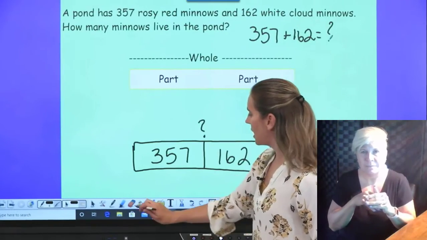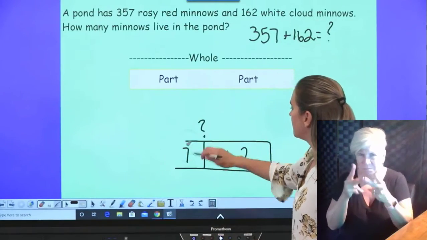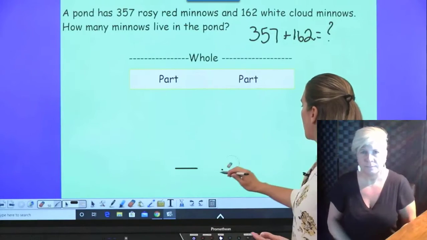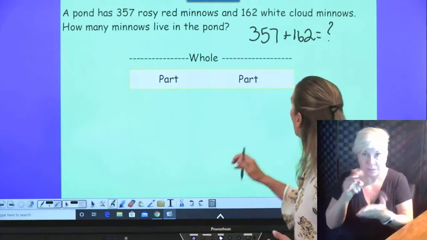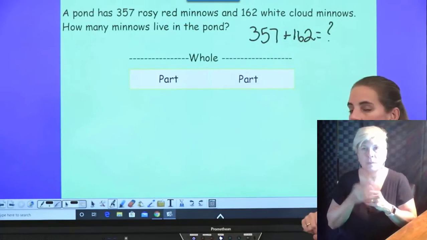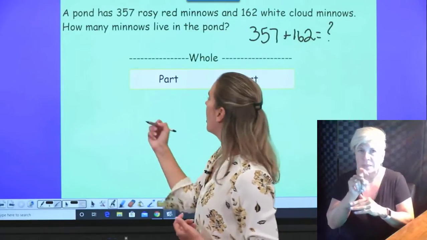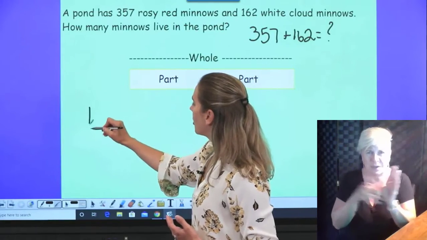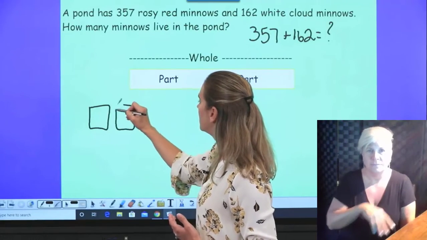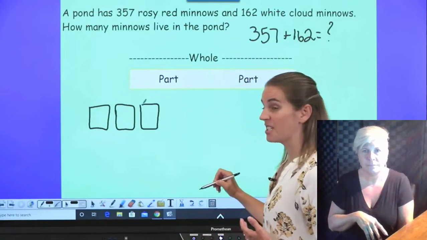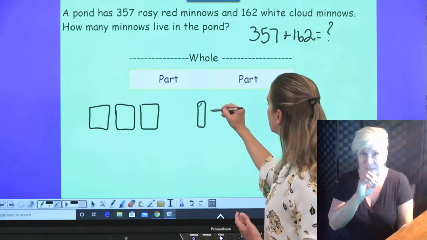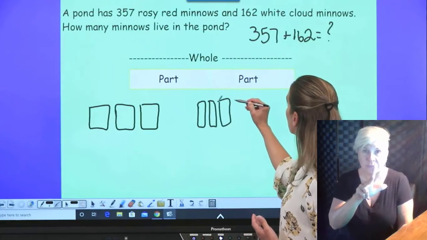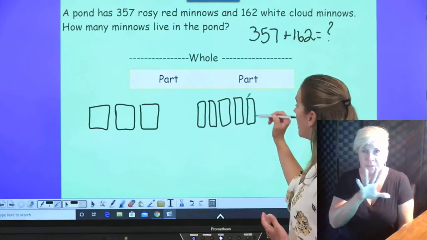I'm going to erase this guy down here so that I've got some space. You can just turn your paper over if you need more space. All right, so here's what I'm solving. 357 plus 162. So I'm going to use base 10 blocks to add those together. So I'm going to draw 357. 1, 2, 3, 4, 5.